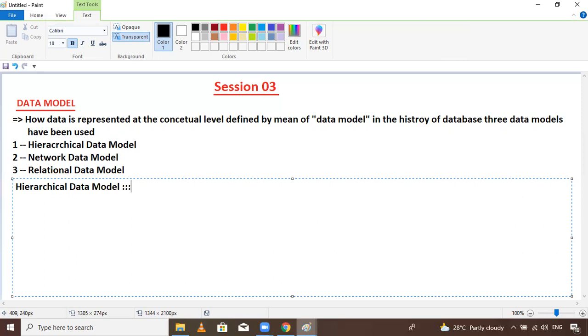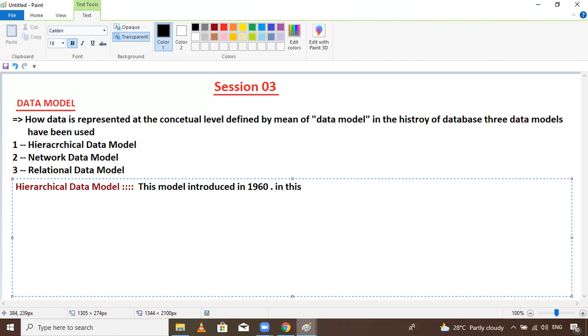In a hierarchical data model, write it, this model was introduced in 1960.